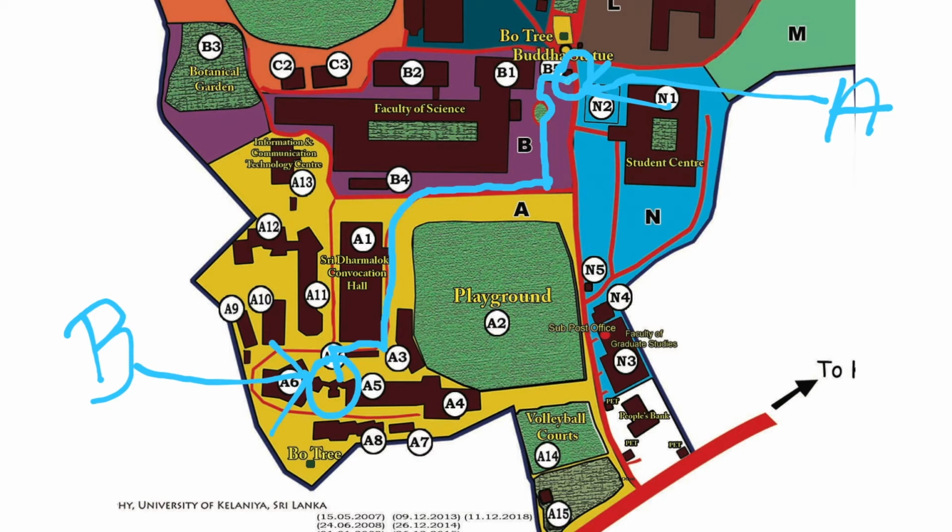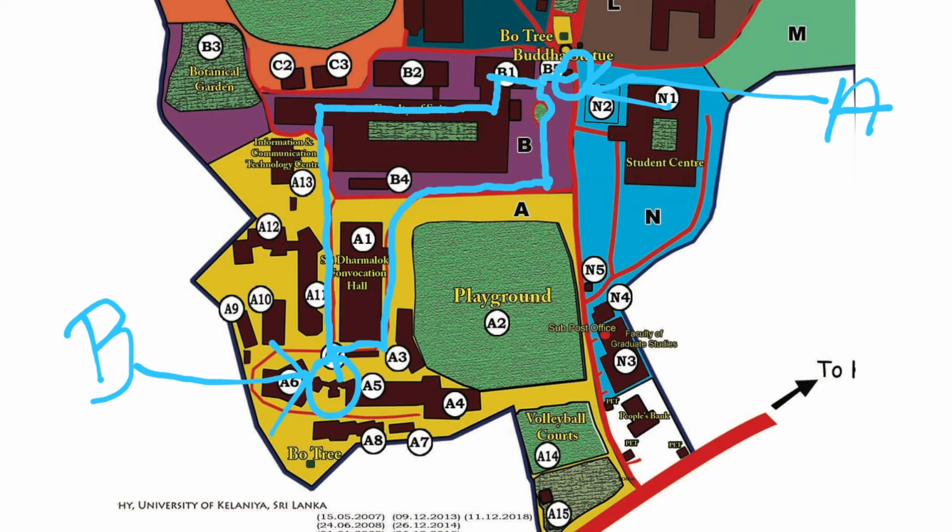From the main entrance you can enter the main science faculty building, and from there you can take the left turn, and again you can take the right turn, and you can go towards that cement staircase which is in front of the ICT building, and then from that path you can follow the tar road and come to the Department of Statistics and Computer Science. That is the second path that you can guide your guest from the main entrance to the Department of Statistics and Computer Science. And there is another possible path that you can take.